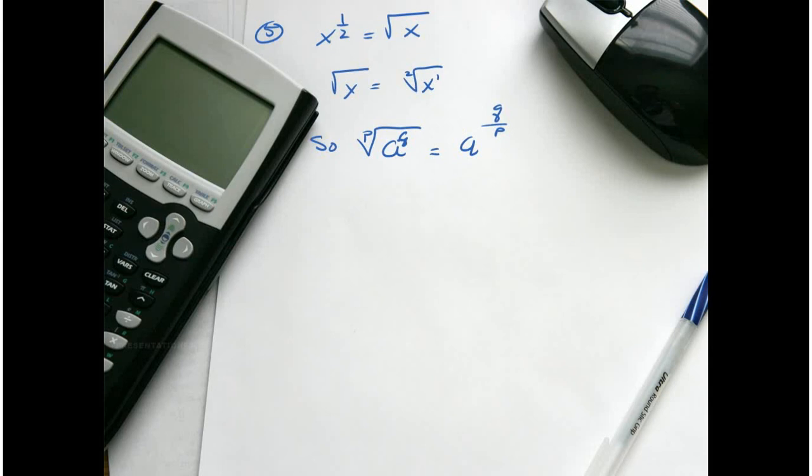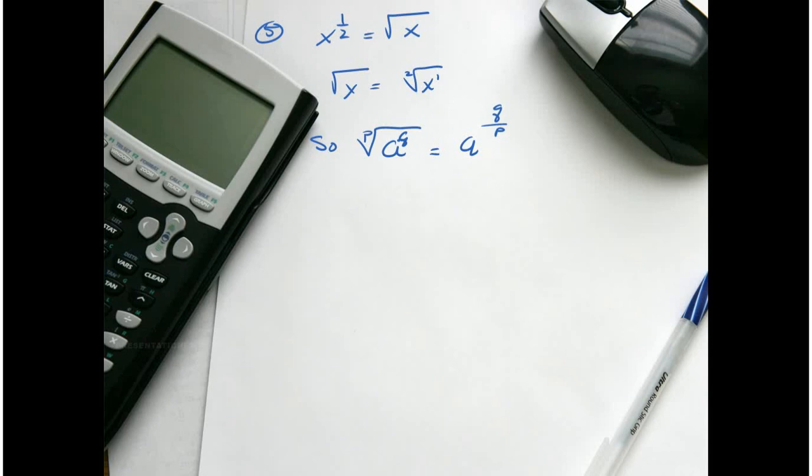The way I remember rule number 5 is to remember that x to the 1/2 is really the square root of x. We don't really write this, but the square root of x means I'm going to take the second root of x to the 1. So that tells me where to place my fractions when I'm representing a root by a fractional expression. If I have the pth root of a to the q, the p is in the same place as the 2, and the 2 belongs in the denominator, so the p goes in the denominator.